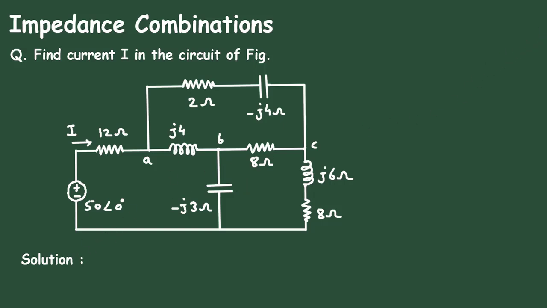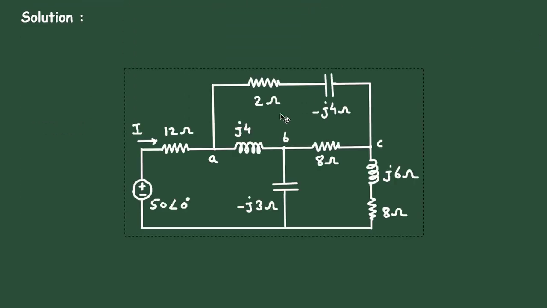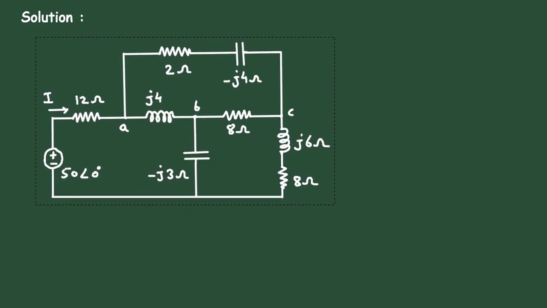So solution, as we can see, this forms a star connection or Y connection. So first we will convert this Y into its equivalent delta. So let's take this much part from here.